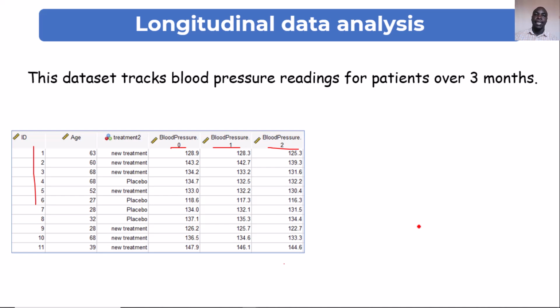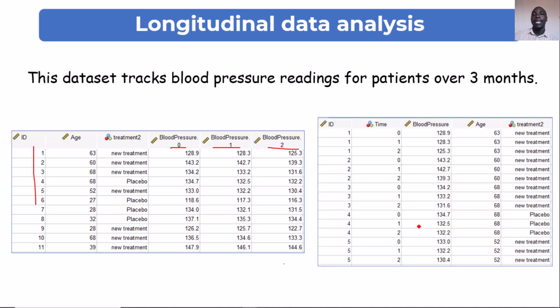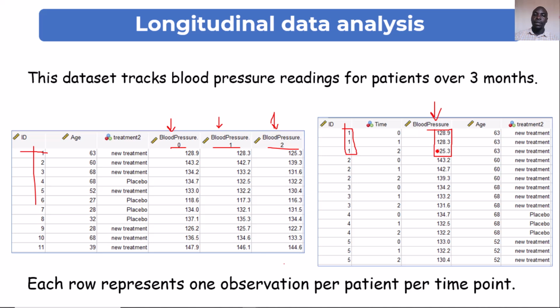This same data set can be presented in another way. Instead of having our outcome at different time points as individual variables, we can have all these 3 measurements into one variable called blood pressure, where each row now represents one observation per patient per time point.